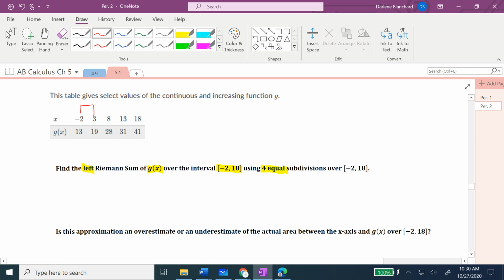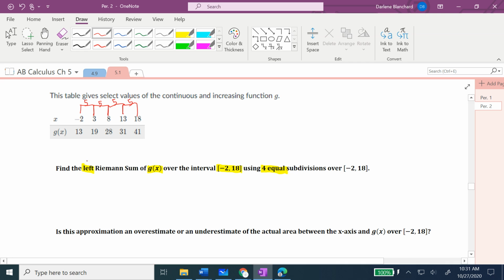So 4 equal subdivisions, from -2 to 3, from 3 to 8, from 8 to 13, from 13 to 18. 4 subdivisions. And 3 minus -2 gives me a delta x of 5, and all of them are a horizontal distance of 5 units apart.